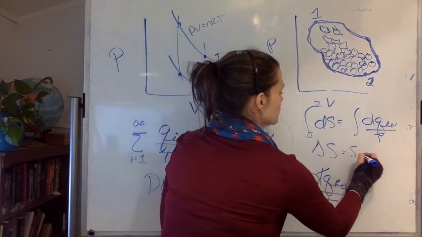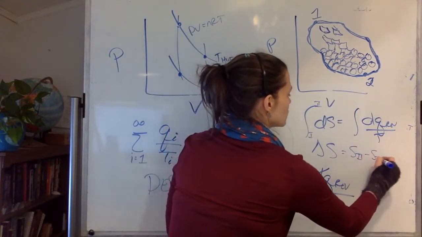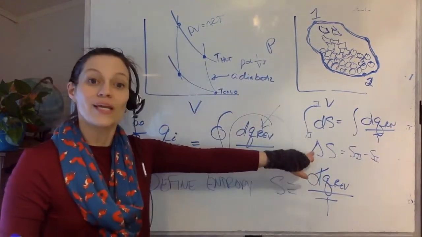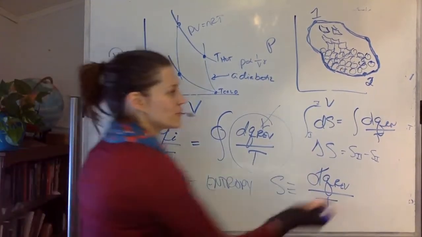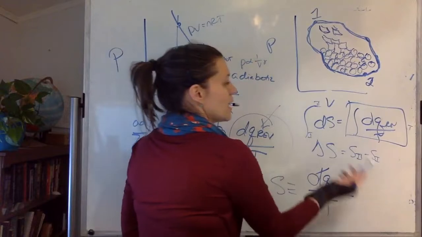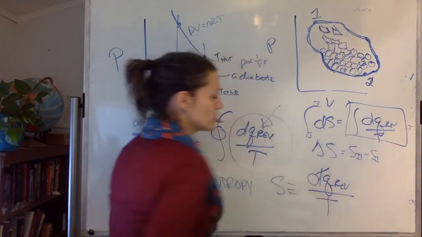So I get S2 minus S1, which tells me that entropy is a state function. Sweet. If and only if I have this defined as dS equal to dq reversible over T.